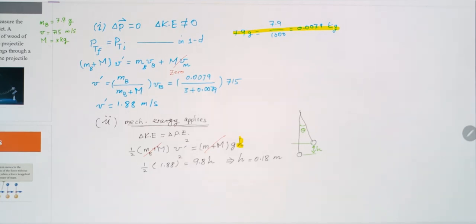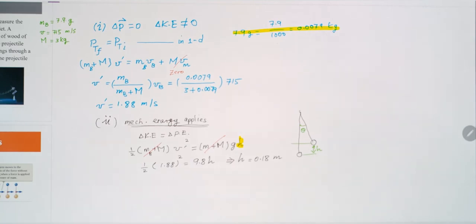So change in kinetic energy is 0. Which is the case in this problem? In this problem, no. In this problem, it's total inelastic collision. Kinetic energy is not conserved during the collision. However, after the collision, of course, mechanical energy is conserved.